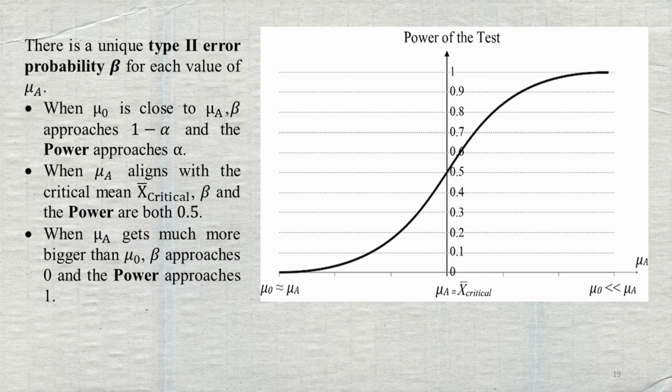There is a unique type 2 error probability beta for each value of mu A. When mu naught is close to mu A, beta approaches 1 minus alpha and the power approaches alpha. When mu A aligns with the critical mean, x bar critical, beta and the power are both 0.5. When mu A gets much bigger than mu naught, beta approaches 0 and the power approaches 1.